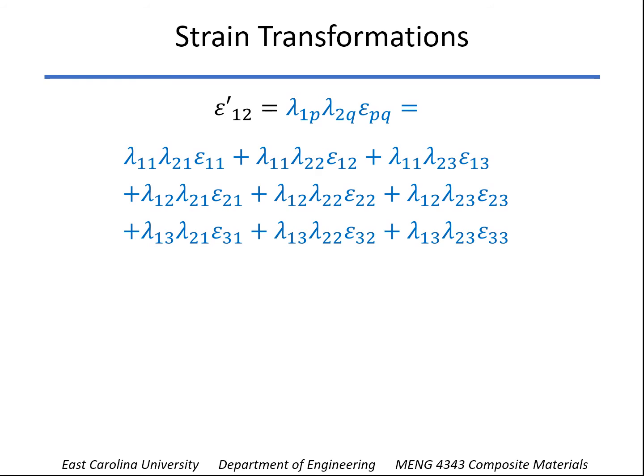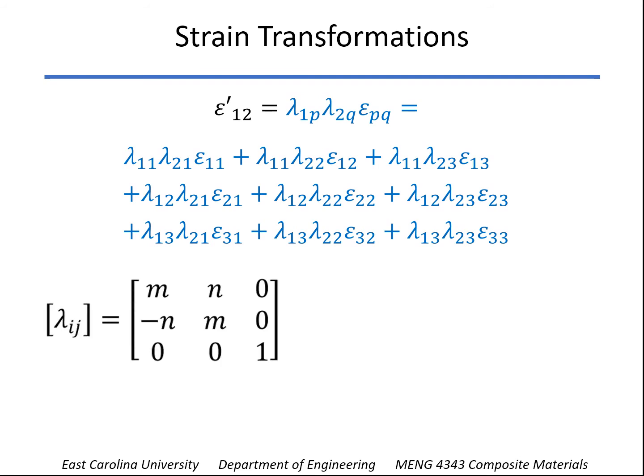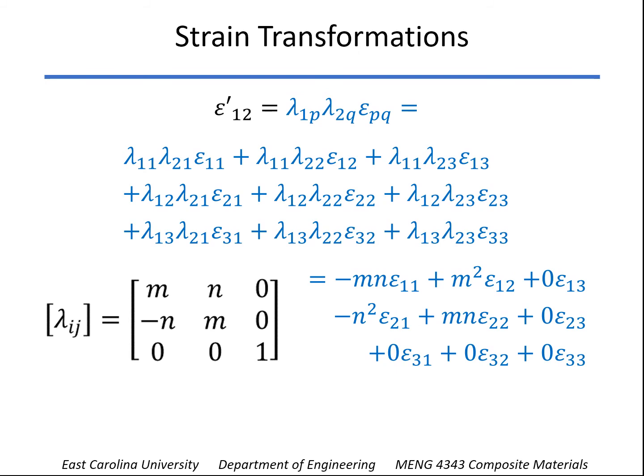The first column is Q equals 1, the second column is Q equals 2, third column is Q equals 3. And we put in our values for the lambda terms as such. Remember again that we can combine the epsilon 1,2 and epsilon 2,1 because they are the same. And so here's our equation for epsilon 1,2 prime.